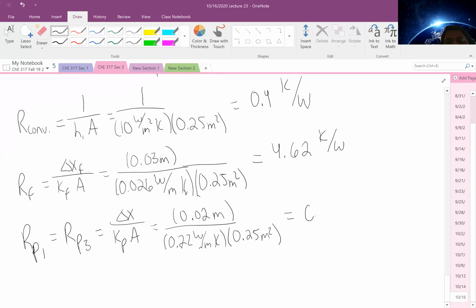It gives me approximately 0.36 Kelvin per watt.